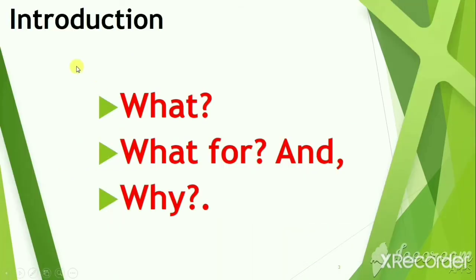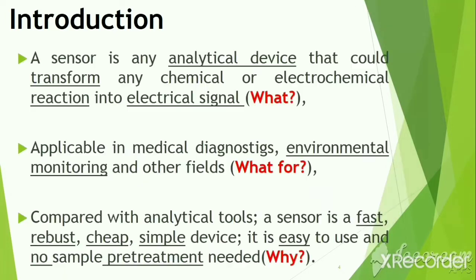To understand the subject better, we should ask three very important questions. What for, and why? What is a sensor? What is this sensor used for? And why are we interested in developing sensors? So briefly, a sensor is any analytical device that could transform a chemical, electrochemical or biological reaction into an electrical signal.